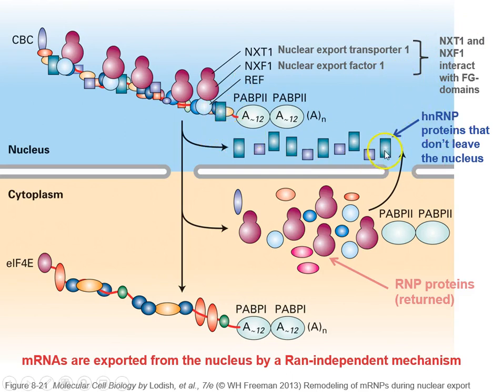There are also these heterogeneous nuclear ribonuclear proteins, and they also have a role to play in ensuring that this messenger RNA is properly capped, properly spliced, and has its poly A tail, and then is allowed to leave.